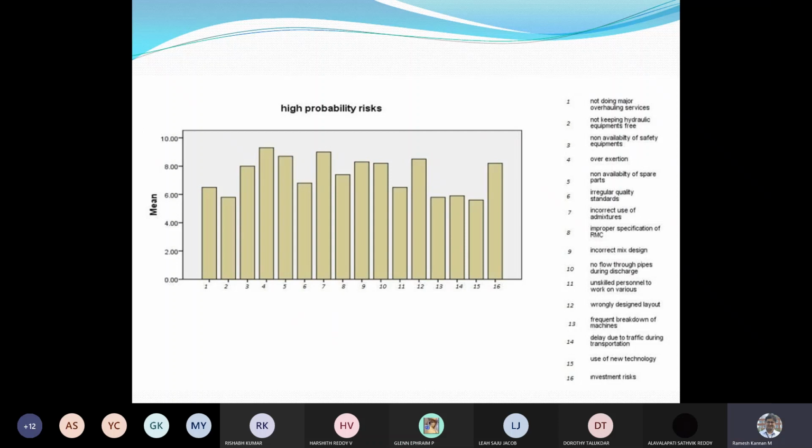The reason is that there's something called fatigue issues in machines. So machines have to be given some idle time for effective usage, something like that. Right? And non-availability of safety equipments and over exertion. Over exertion is continuously using the equipment day and night.